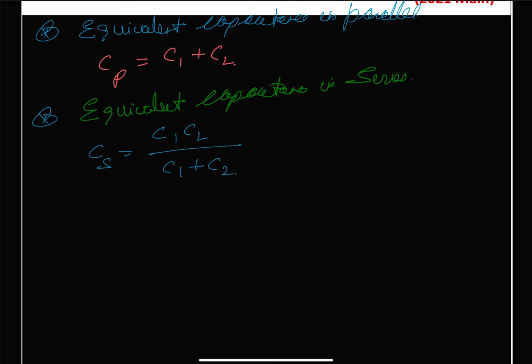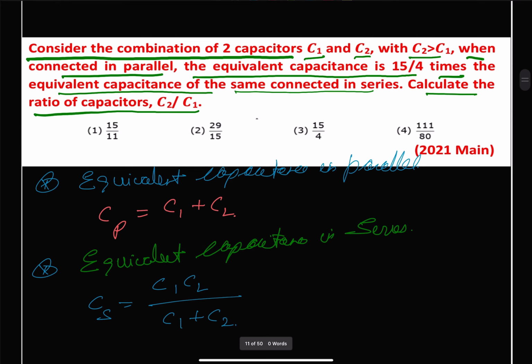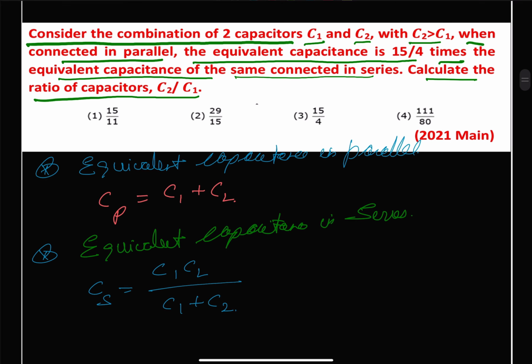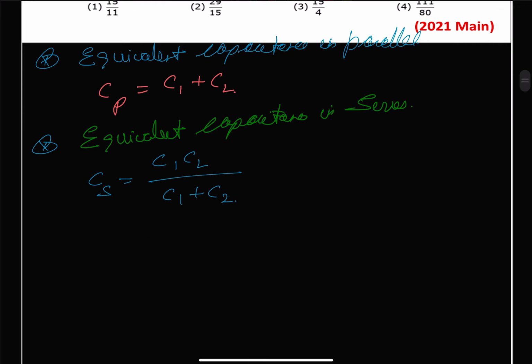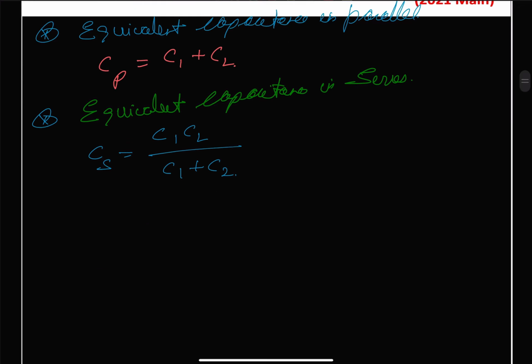We are given that the parallel capacitance is 15 by 4 times the equivalent capacitance when connected in series, which means Cp will be equal to 15 by 4 times Cs.